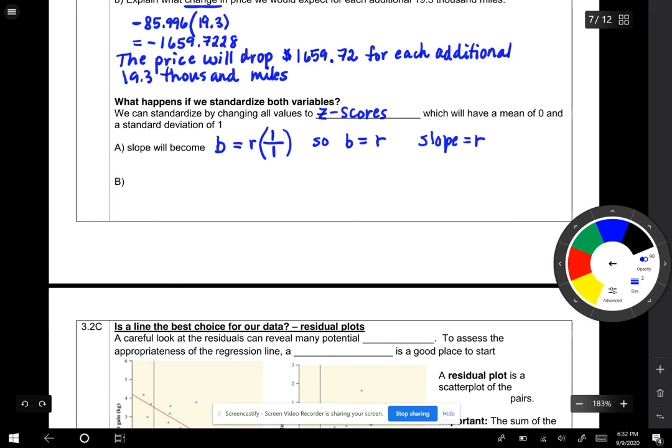For the y-intercept, we have a is equal to, we are going to replace y bar with 0, because the mean is 0, minus b, and b is r, times the mean of x, which is 0. So 0 times anything is 0, so we just have a equals 0.